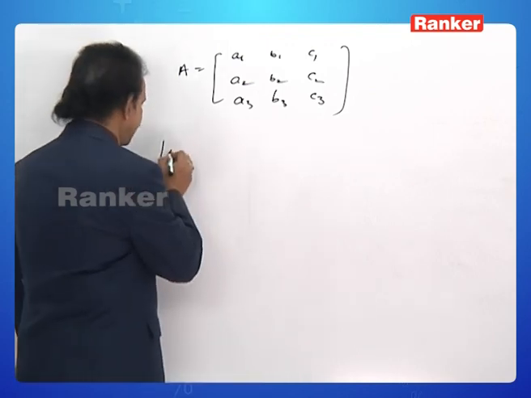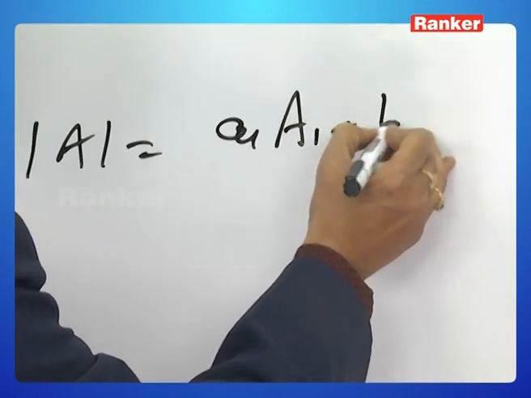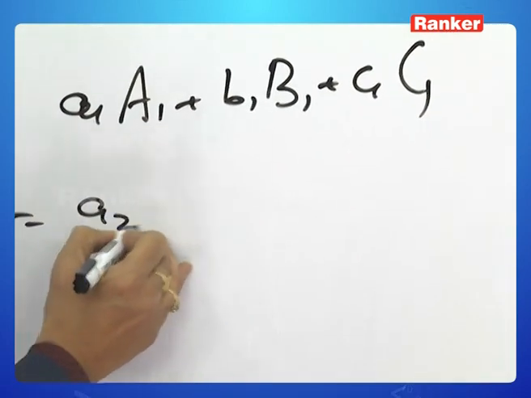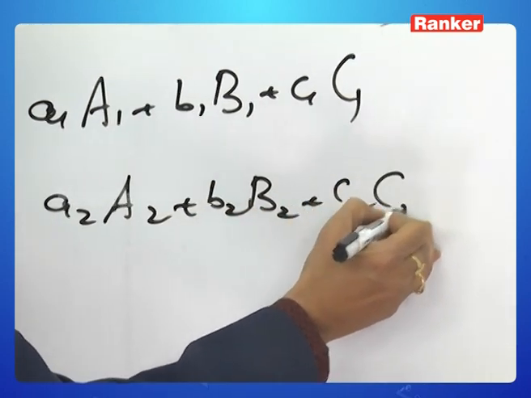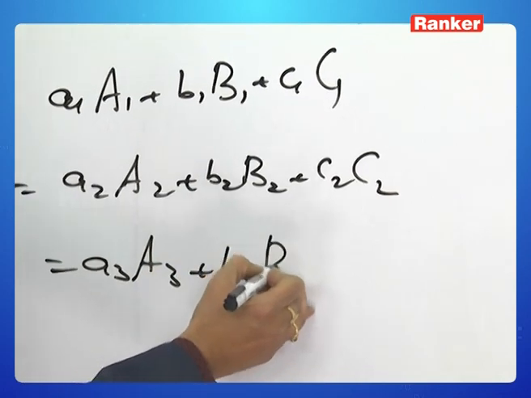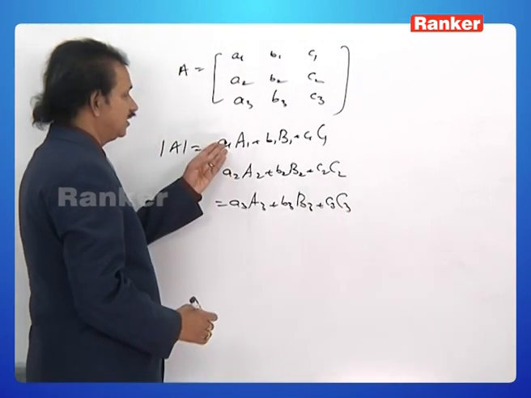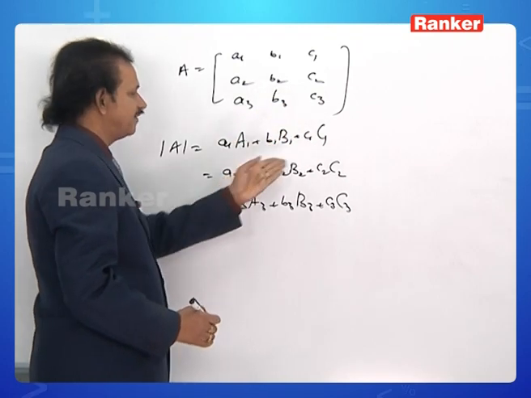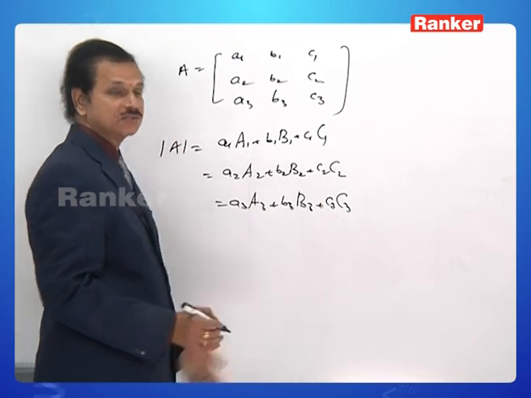Then the determinant A is equal to a1A1 plus b1B1 plus c1C1, which is equal to a2A2 plus b2B2 plus c2C2, which is equal to a3A3 plus b3B3 plus c3C3. What is this? The sum of the products of the elements of the first row and their cofactors, second row and their cofactors, third row and their cofactors. It can be done in view of columns also, like this.